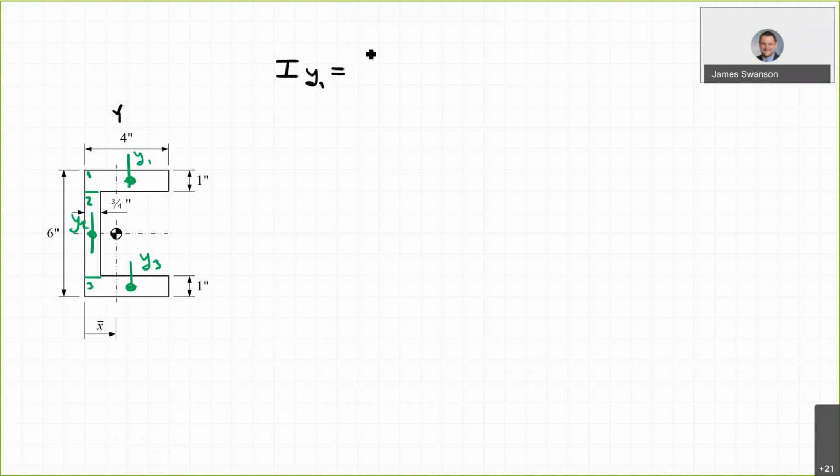So in this case, I won't write bh cubed over 12, but I'm going to use the same formula, except in this case, the base is now 1 inch. The height is now 4 inches cubed divided by 12. So let's see, 4 cubed, 12 divided by, that gives me 5.333 inches fourth.